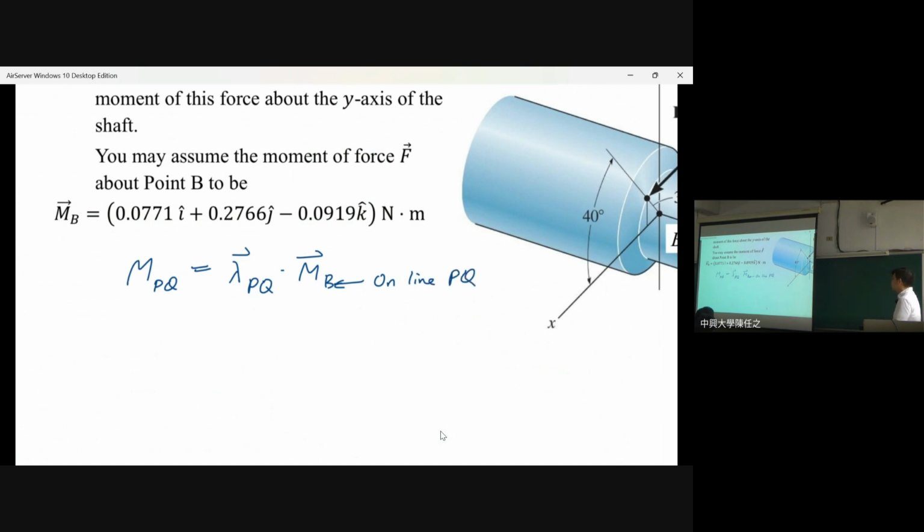Okay, and this is a dot product. A dot product should give a scalar. Okay. So these are the points that I want to remind you.